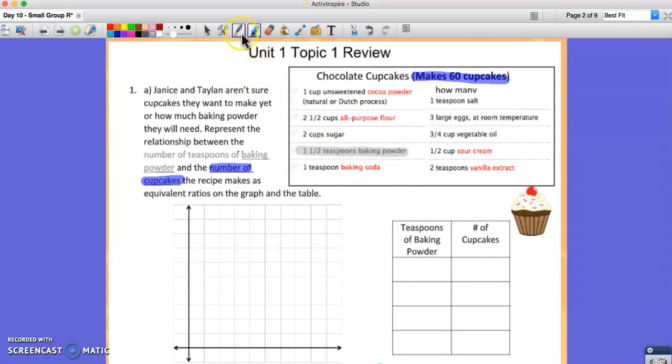Second, I want to look at the table to my right. I have my teaspoons of baking powder and my number of cupcakes, and it's already put into the table for me. If we know about an XY table, X comes first, and Y comes second.